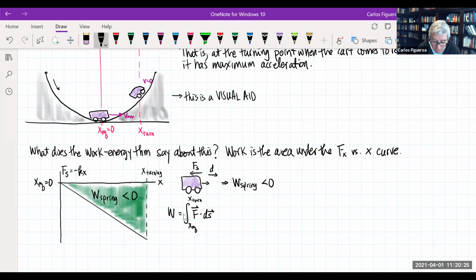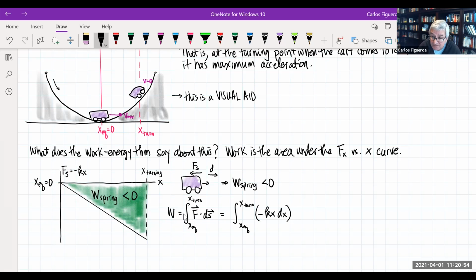Now, because this is along the x direction, this line integral can now be an integral along just the x direction. And so what you find here is that this is then going to be the integral of what? Of these two limits. And then it's the spring force times dx.